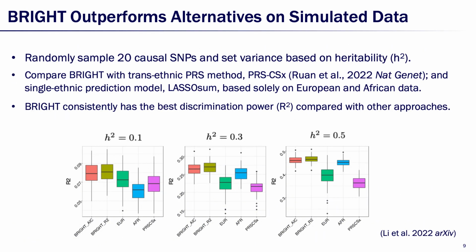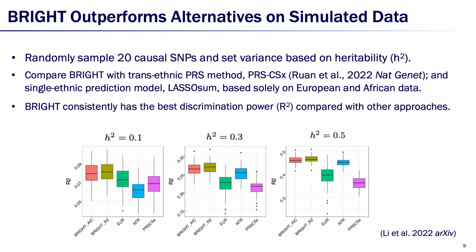In the simulated data, we randomly sampled 20 causal SNPs and set the variance based on the heritability in our simulated data. We compared our approach, which we called BRIGHT, with other approaches.